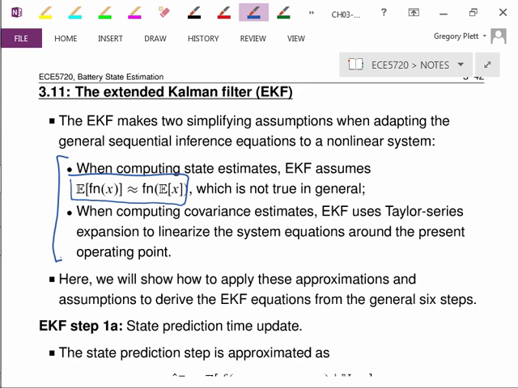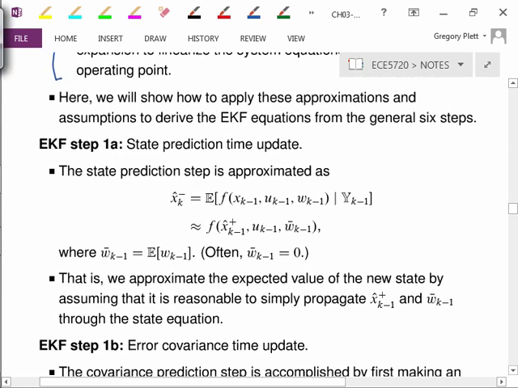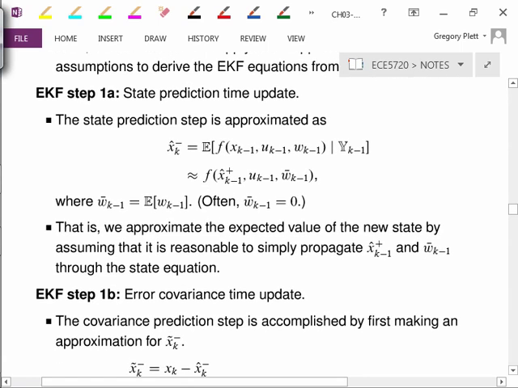In this section, we're going to show how to apply these two different approximations or assumptions to derive the extended Kalman filter equations from the general six probabilistic inference steps. Starting with step 1a, when we predict the state, the general solution says we need to compute that.